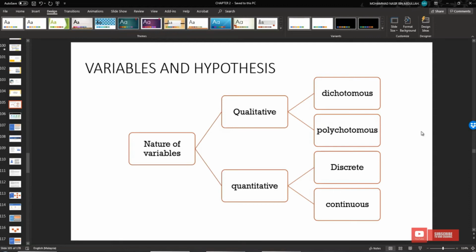For interval scale, it's something that we can measure, but it does not have a true zero. Sorry. As I said, interval scale has no true zero. The zero value is not a true zero. For example, let's bring up temperature.